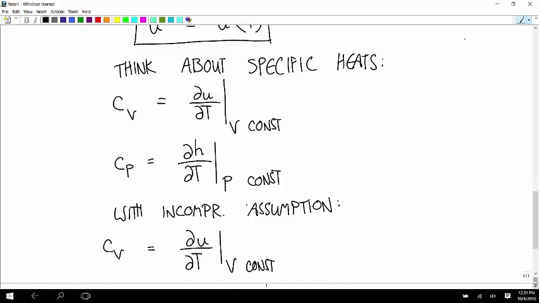But we're assuming that the specific internal energy is just a function of temperature. So this is just equal to the total derivative of u with respect to temperature, and you don't have to worry about holding anything constant because the specific internal energy isn't a function of specific volume.